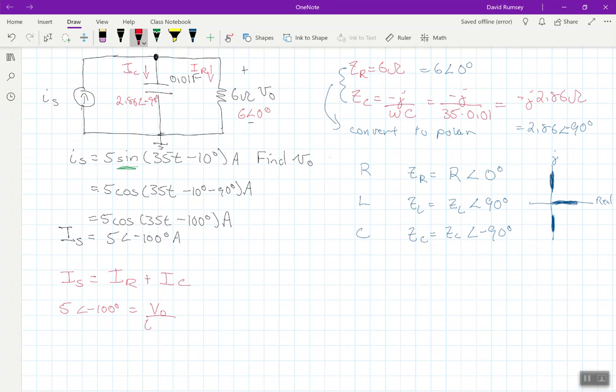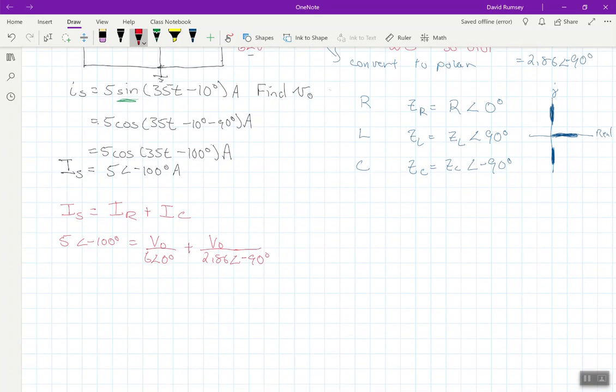So this would be 6 at an angle of 0 degrees, plus the output voltage divided by 2.86 at an angle of 90 degrees.